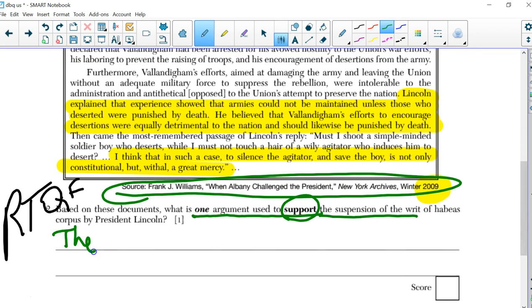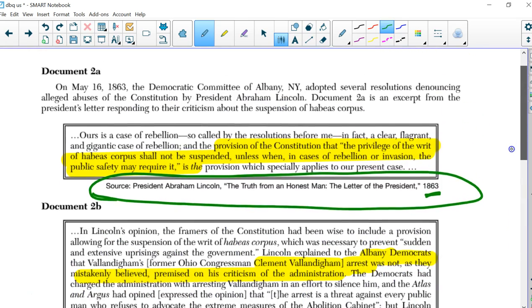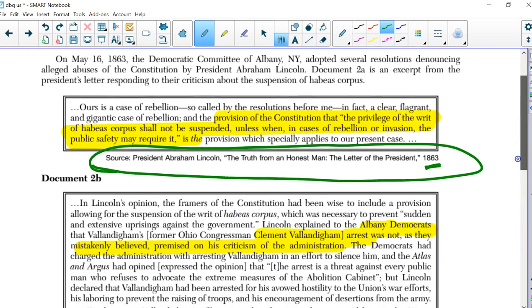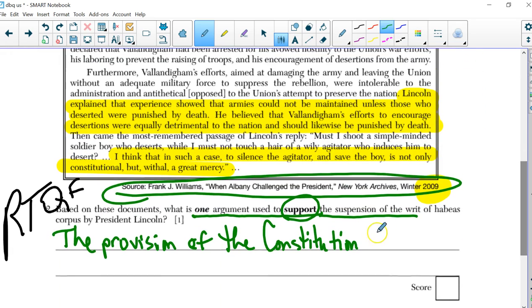So let's see. The provision of the Constitution. I'm going to write it word for word. That the writ. We spell habeas corpus wrong.